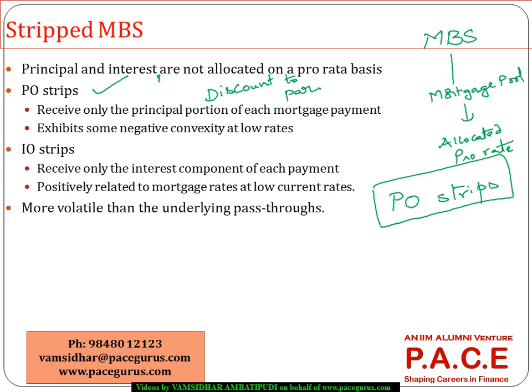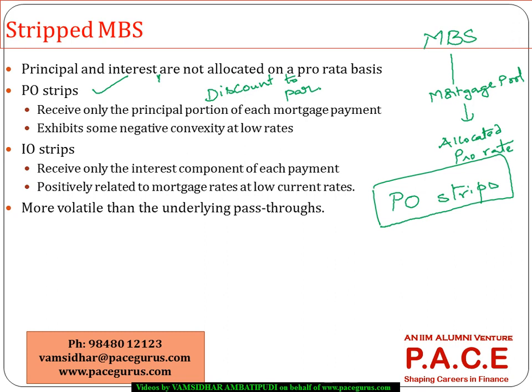But the entire par value is the total amount that would be received by the PO investor. Only the timing of receipt is purely determined by the prepayment rate.